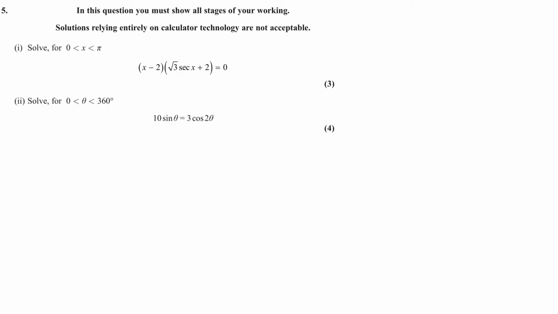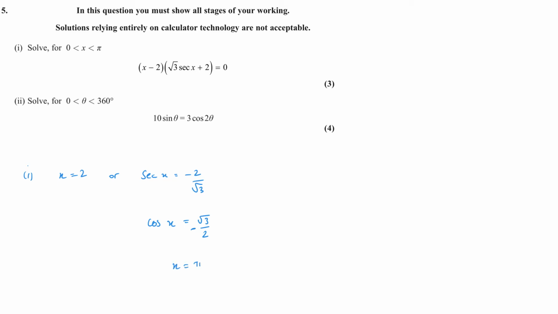So part 1 for this one, we've got x equals 2 or sec x equals negative 2 over root 3, which means that cos x is negative root 3 over 2. Then I've got to take this one and find the answer between 0 and pi.